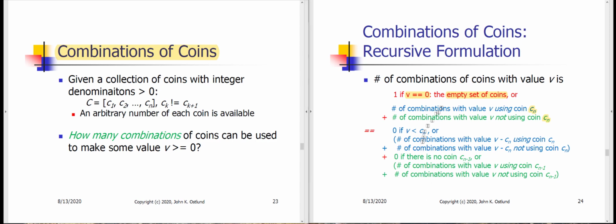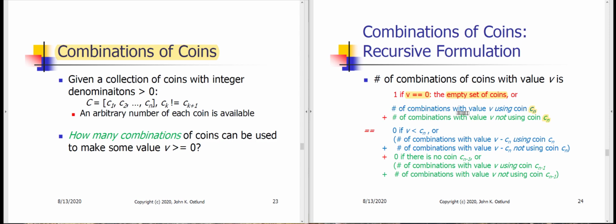Okay, now let's break these two sets down further so that we can get to a stopping criterion and some values that we can actually compute. All right, so first we'll consider the number of combinations that have value v and that use coin Cn.